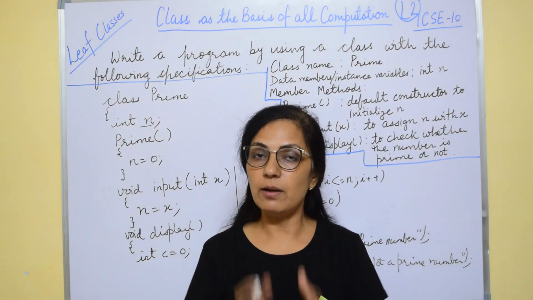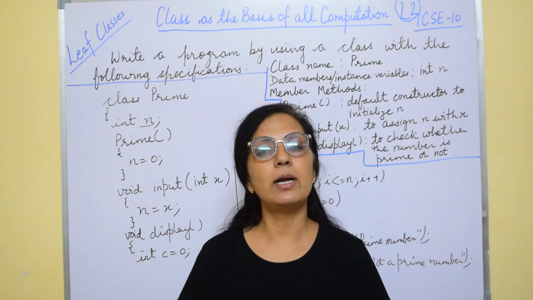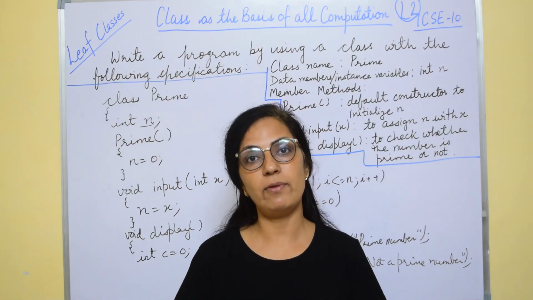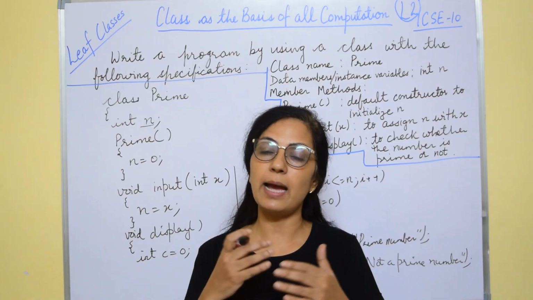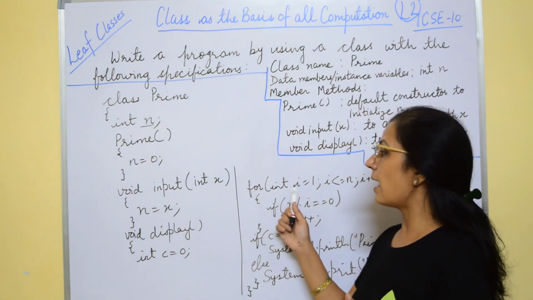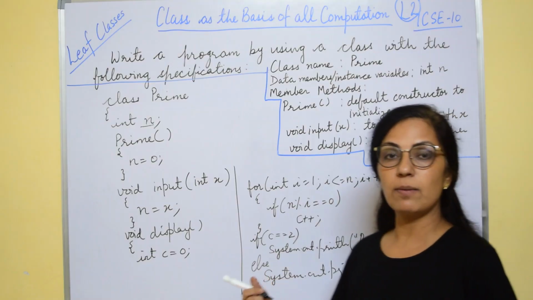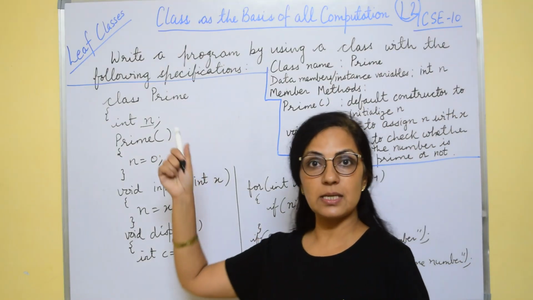So the variables which are declared within the function body are known as local variables, and their scope is limited within that function body. We cannot use this c or i outside this function body. So these are local variables, this is instance variable.